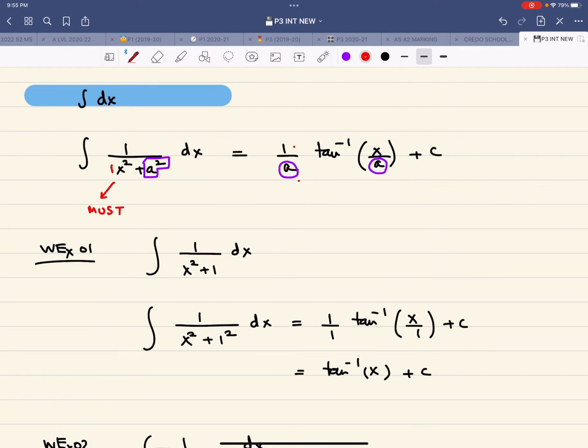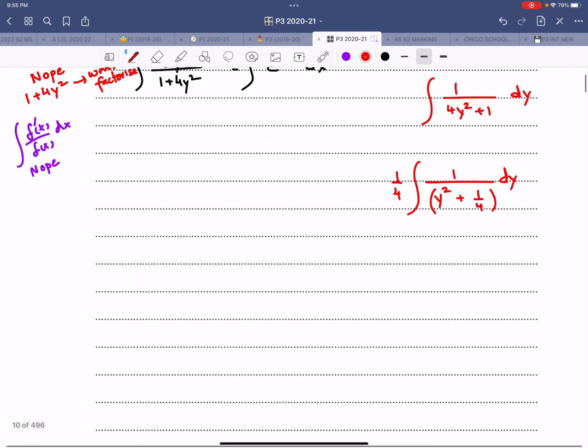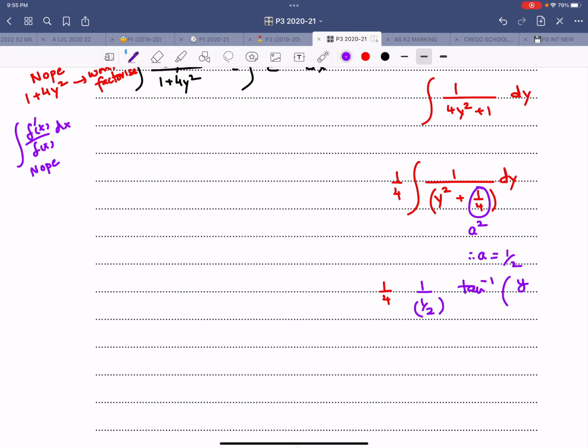So coming back to this, 1/4 is your a square. So therefore a is equals to half. And then the integration is 1 over a, tan inverse x over a, or y over half. Got the idea?